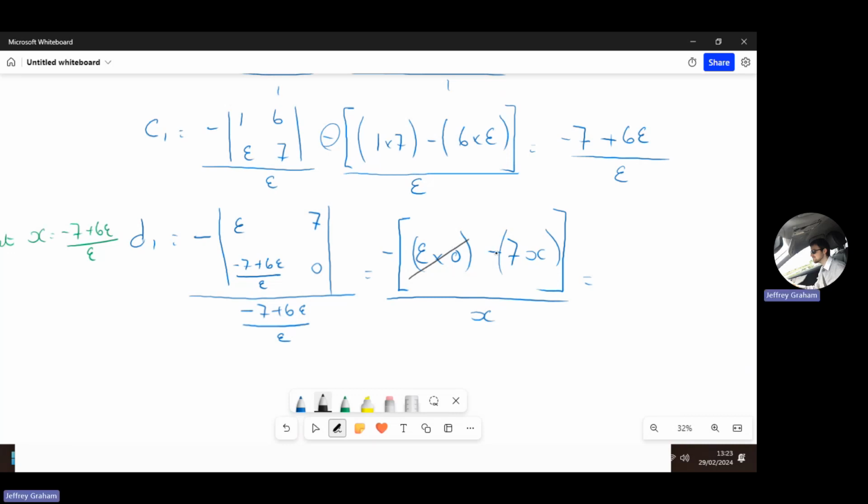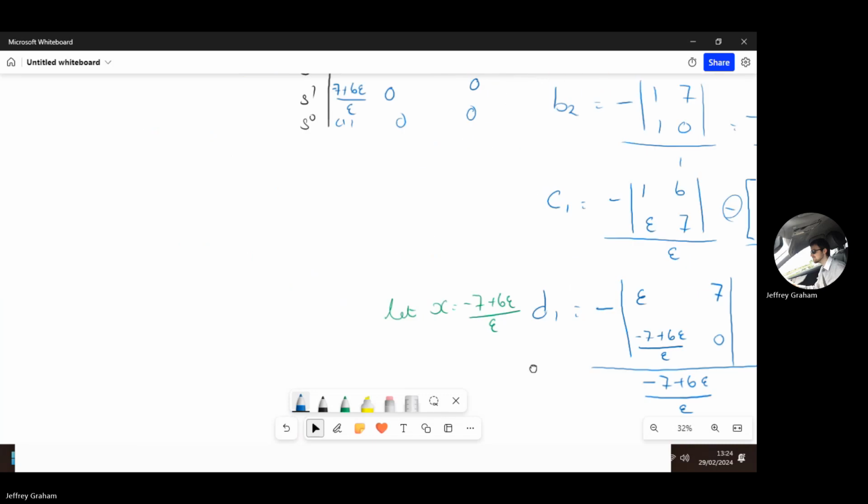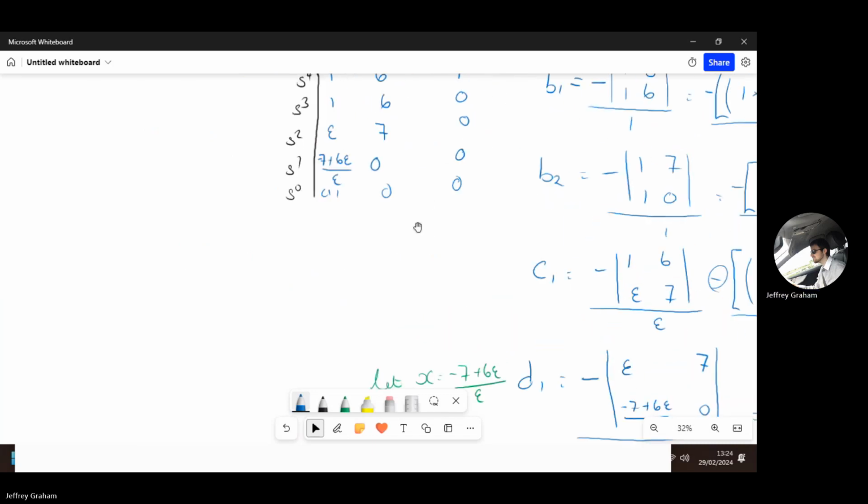We've got minus, minus, negative and negative, which turns the answer out positive. We've got 7x divided by x. So x divides out, and the output here is just going to be positive 7.